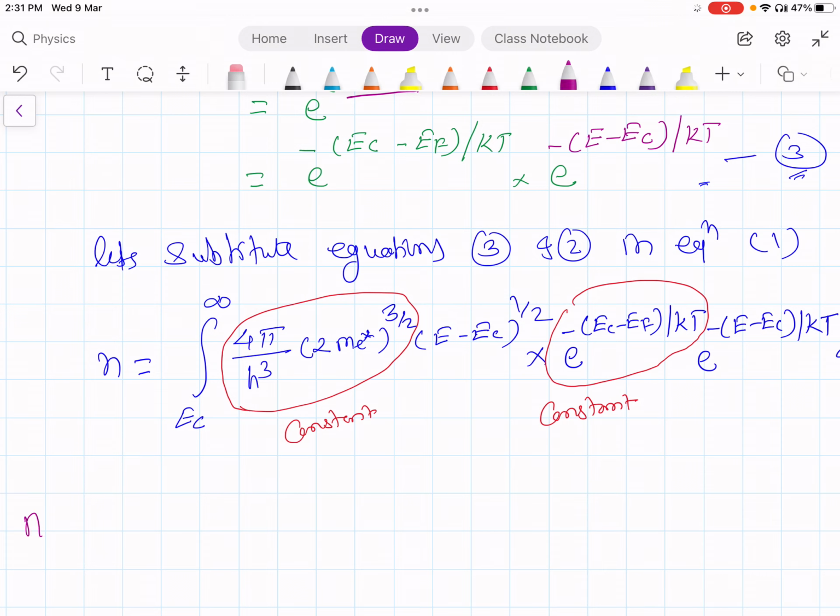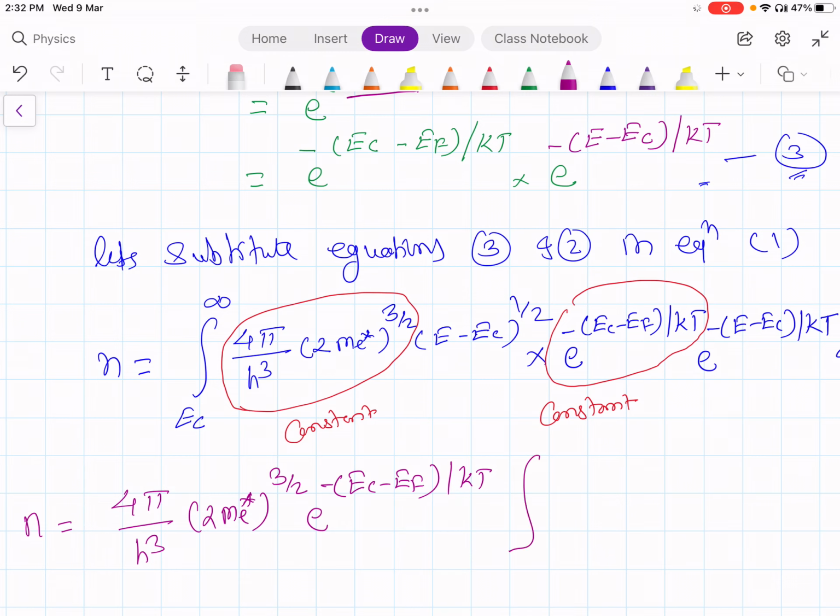So the number of electrons n is equal to 4 pi by h cube, (2 me star) raised to 3 by 2, into e raised to minus of (EC minus EF) upon kT. So this is constant.